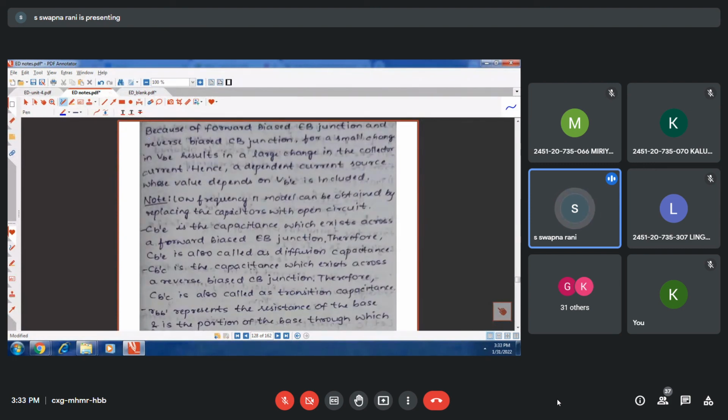So the description of the circuit is written here clearly: because of the forward biased emitter base junction and reverse biased collector base junction, a small change in VBE results in a large change in the collector current. Hence, a dependent current source whose value depends on VB'E is included.